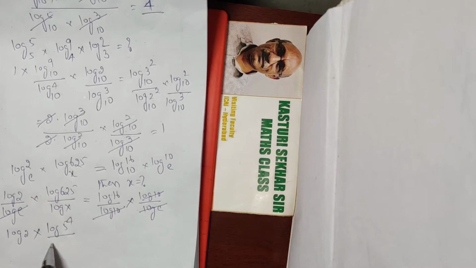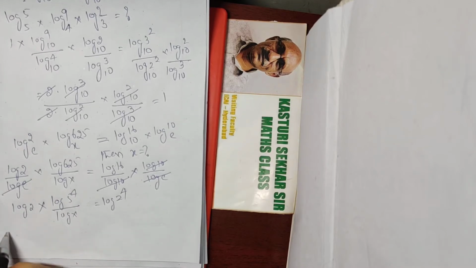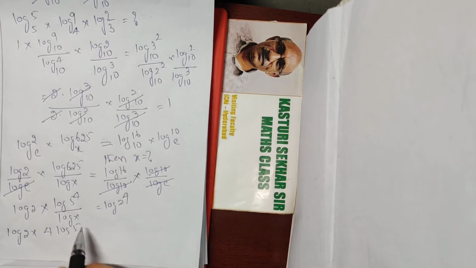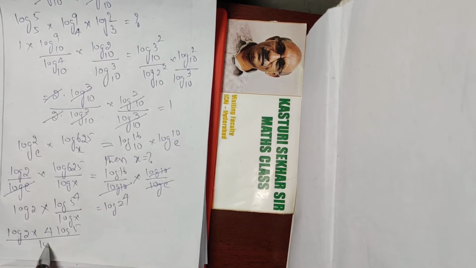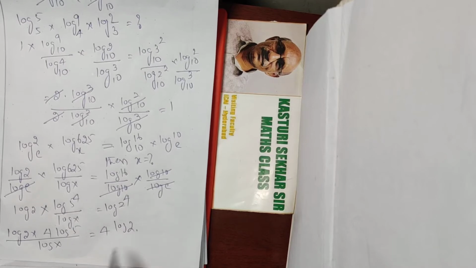This is log 2 into log 625, which can be written as log 5 to the power of 4, divided by log x is equal to log 2 to the power of 4, since log 16 can be written as log 2 to the power of 4. Log 2 into 4 log 5 divided by log x is equal to 4 into log 2.